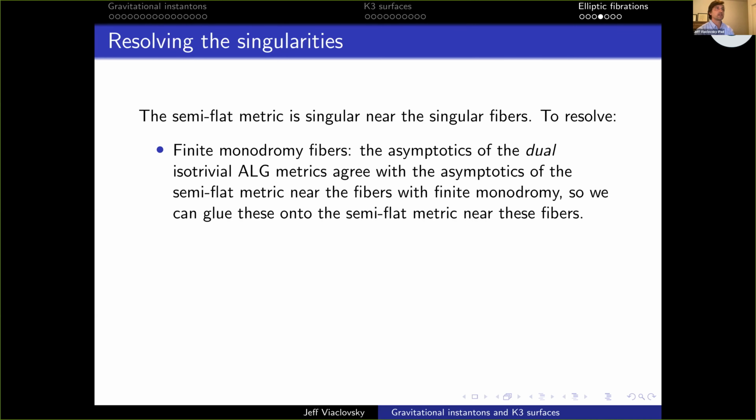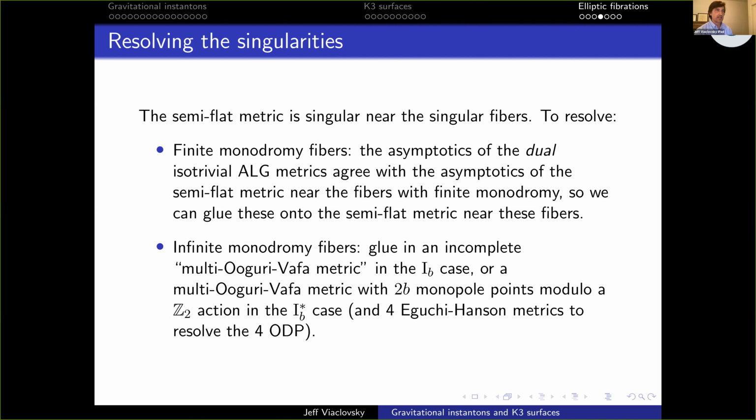To resolve this, near the finite monodromies, we glued in the dual isotrivial ALG metrics, whose asymptotics agree with the asymptotics of the semi-flat metrics. That's why the ALG metrics are the right thing to resolve the singularities. Near the infinite monodromy, we're just extending what Gross and Wilson did.